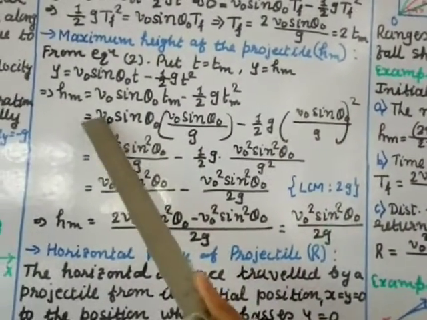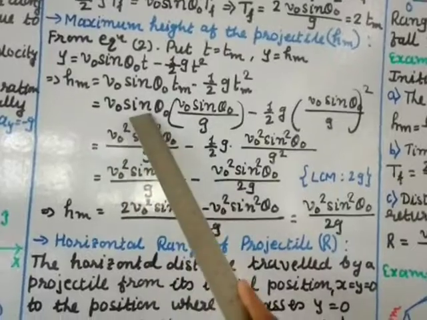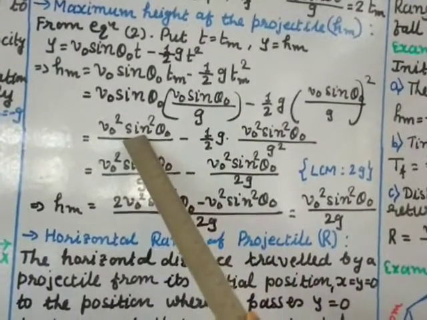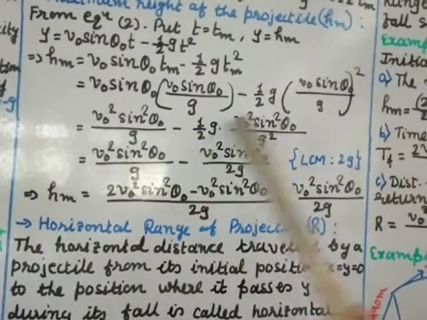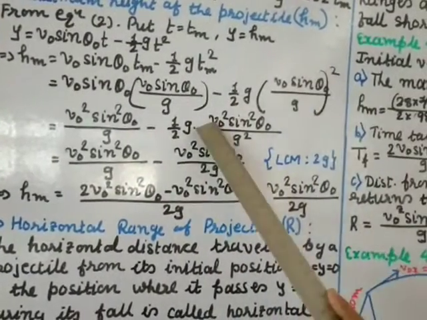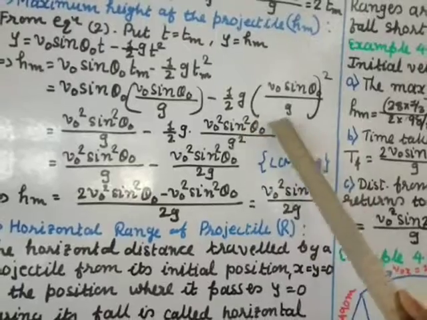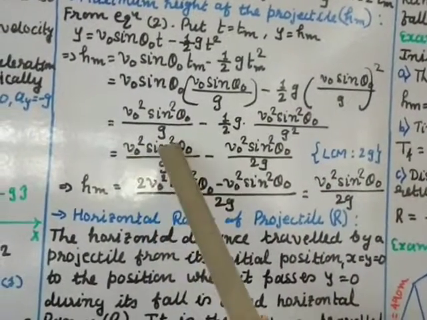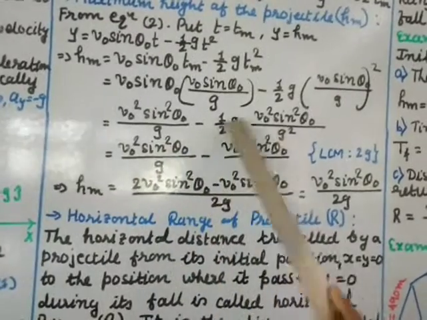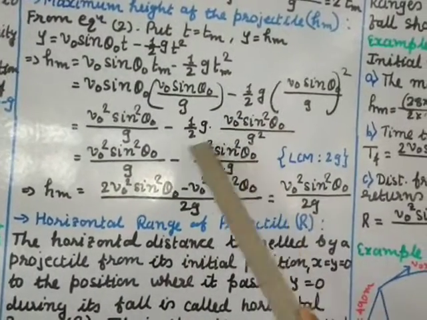Now v naught into v naught is v naught square, sine theta naught into sine theta naught is sine square theta naught, divided by g, minus 1 by 2 g as it is, and you square this, so v naught square sine square theta naught divided by g square. Now one g you can cut, so you get v naught square sine square theta naught by g minus v naught square sine square theta naught divided by 2g.